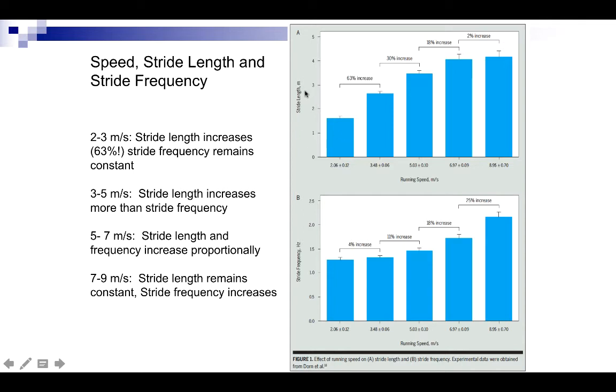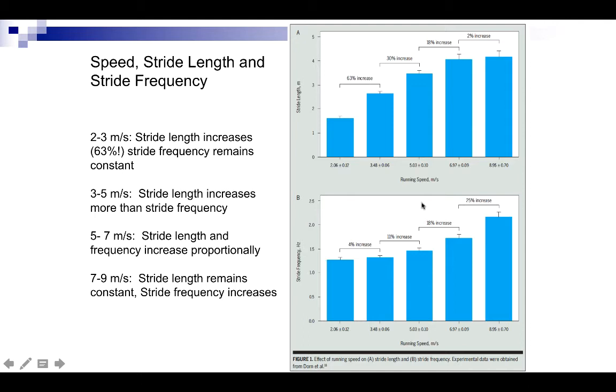Essentially the question posed there is, how does a person increase speed? The two strategies include pushing harder on the ground or making your foot cycle more frequently. Stride length is kind of a measure of the strategy of pushing harder, so you get a bigger stride, and stride frequency is the rate variable.